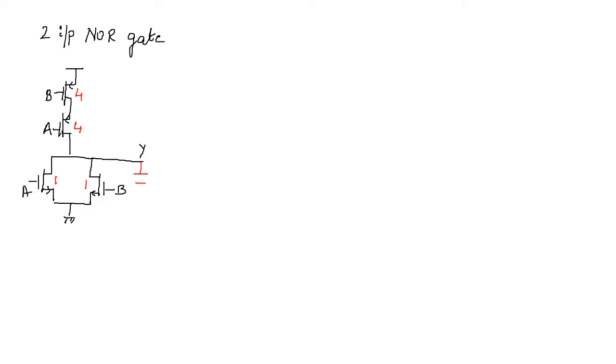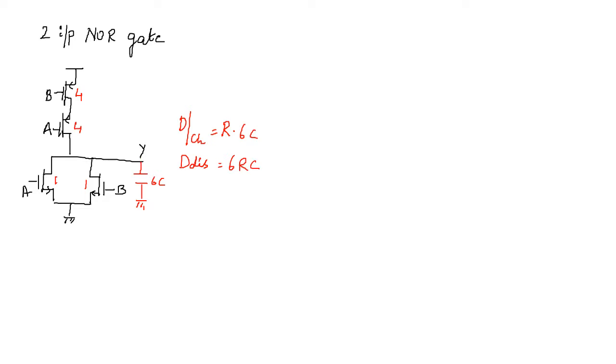So at the output now, the capacitance will be equal to 4C due to this PMOS, and C due to these two NMOSes, which is nothing but 6C, right? And therefore, the delay due to charging will now be equal to R times 6C, and the delay due to discharging will now be equal to 6RC again.